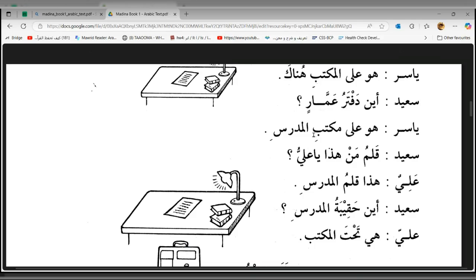Anything that follows ala will take kasra because it's a harf jar. We studied this in the last lesson. على مكتب المدرس. And then al-mudarris is taking kasra because it is the mudaf ilayh. Mudaf ilayh always takes kasra, if you remember.